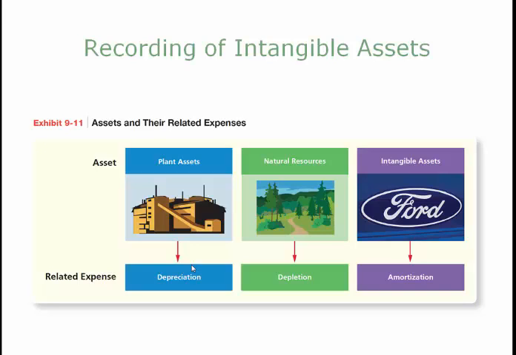So here's how you look at intangible assets. And this isn't just intangible assets; this actually has all three. You have plant assets that are depreciated, natural resources like timber and oil that are depleted, and intangible assets that are amortized. Remember, typically you're going to use straight line here, and typically you're going to be using units of activity here.